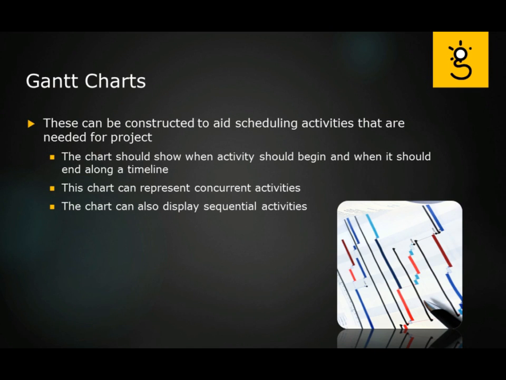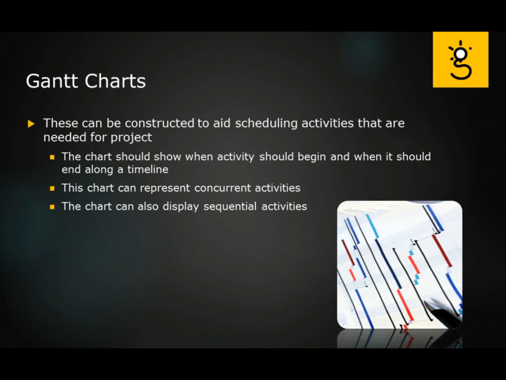Another thing we can do for the estimations is to use a Gantt chart. Now, these are designed to aid in the scheduling of activities that are needed for a project. The chart should show when an activity should begin and when it should end, along a timeline. The chart can also represent concurrent activities. So if you can imagine this chart, the bottom axis, the one that goes horizontally, would be the start and stop time, and the top axis would represent all of the different activities.